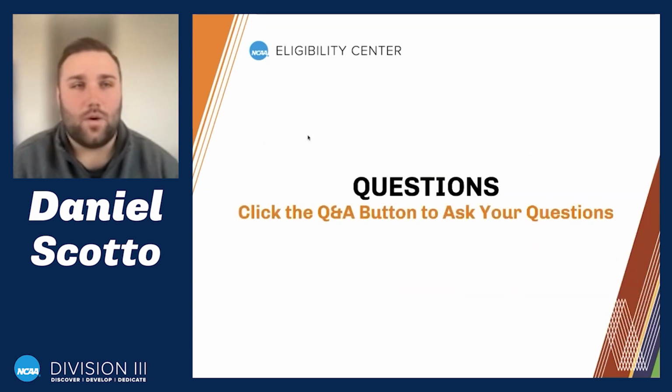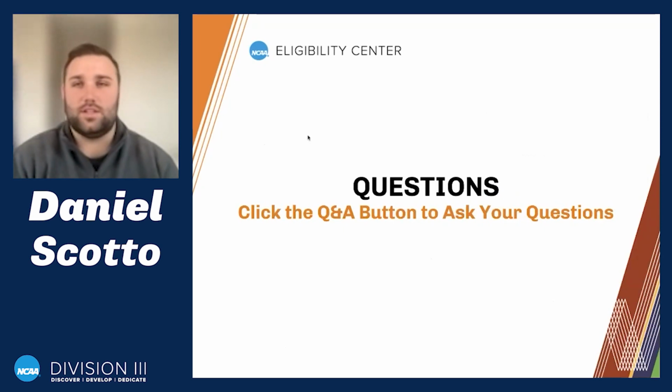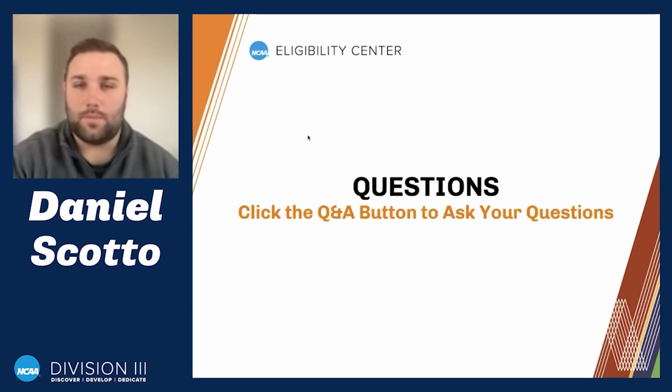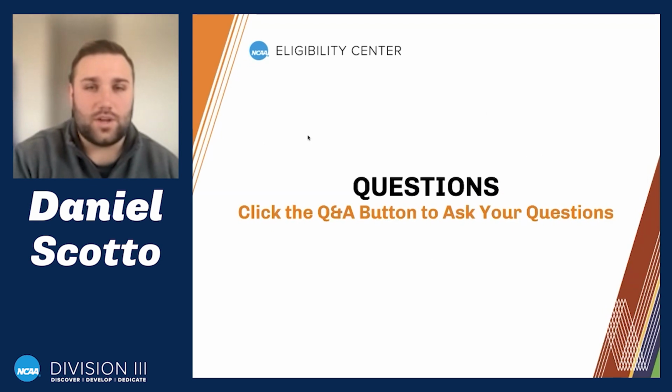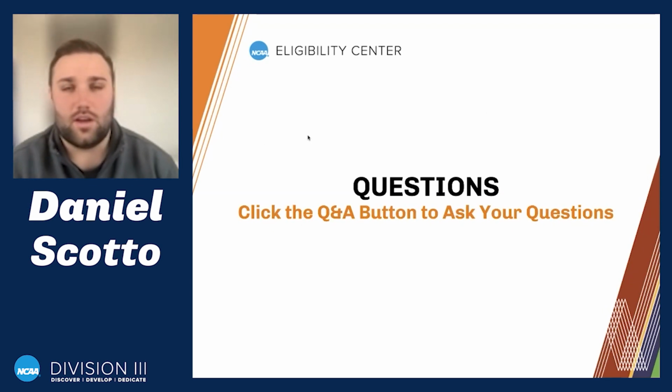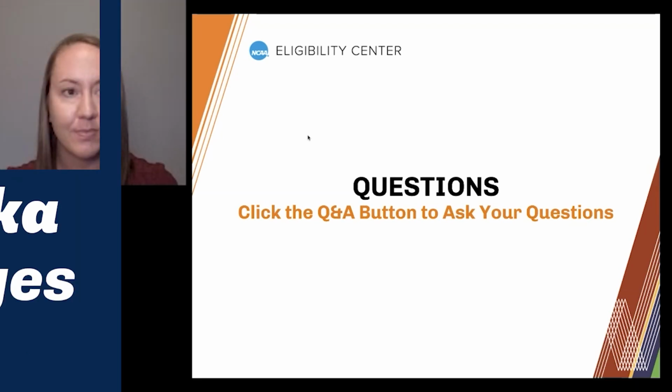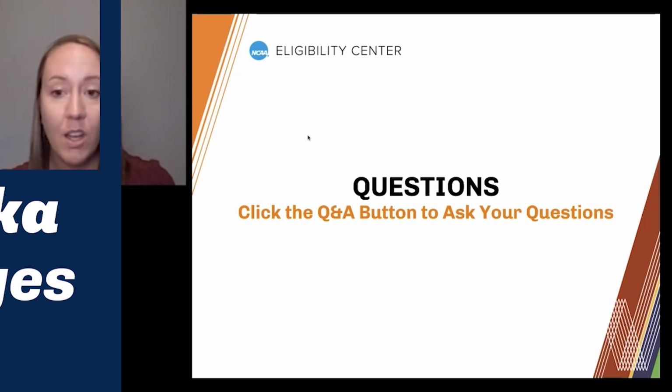All right, so now going to get into some questions that we got throughout the chat. I'm going to ask Erica these questions. So our first question for you, Erica, is could you please review the fee for the international student registration, and also will the Eligibility Center be offering a fee waiver option? Great, thank you, Daniel. Yes, so the amateurism only certification account fee is $70.